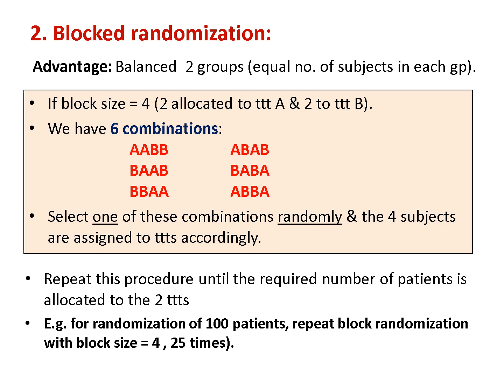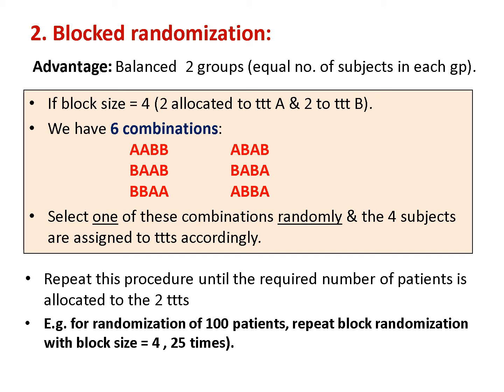We put all these combinations in the lottery method or in a computer program or whatever. We can select one of these combinations randomly, and then the 4 subjects are assigned to treatment accordingly. Repeat this procedure until the required number of patients is allocated to treatment.